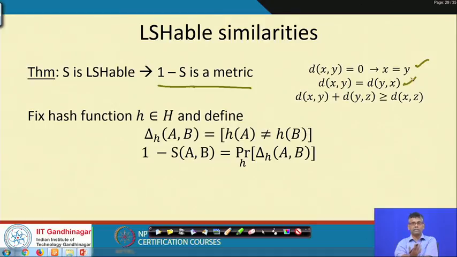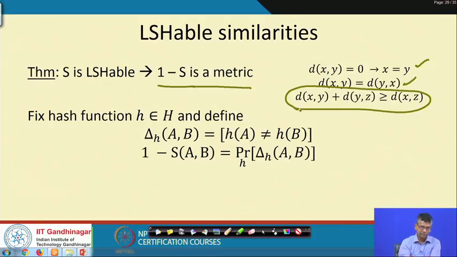Symmetry is also satisfied by any 1 minus s. The big question is: does 1 minus s satisfy the triangle inequality? What this very simple theorem says is that if s is LSHable, then 1 minus s must satisfy the triangle inequality. Or to take it the other way around, if you can show that 1 minus s does not satisfy the triangle inequality, then you can show that this similarity measure is not LSHable according to the definition of LSH that we have given.